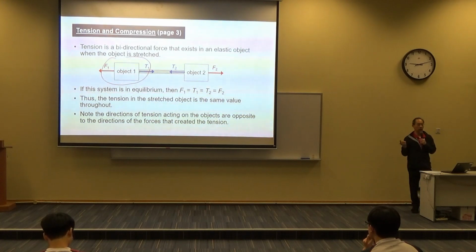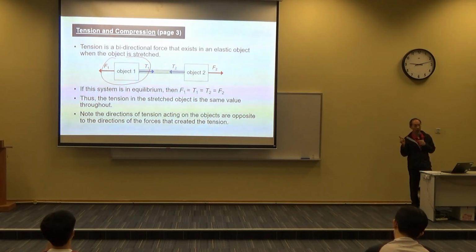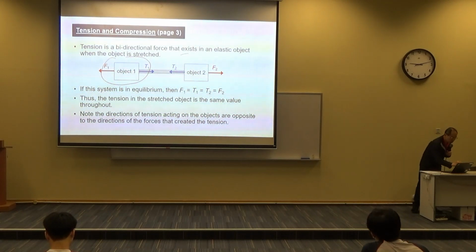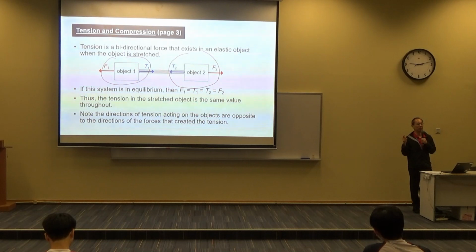If you look at object 1 alone, object 1 does not move, so force F1 must balance tension at that point in time. Notice the tension in the object is also pulling on object 1. Now if you analyze object 2 on itself, F2 must balance the tension T2.